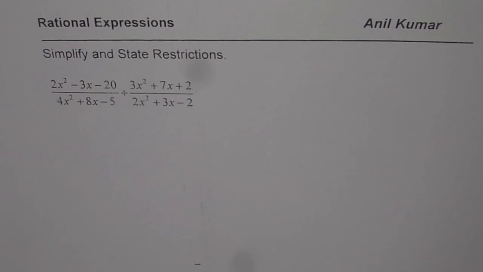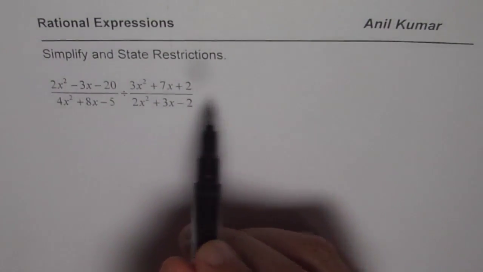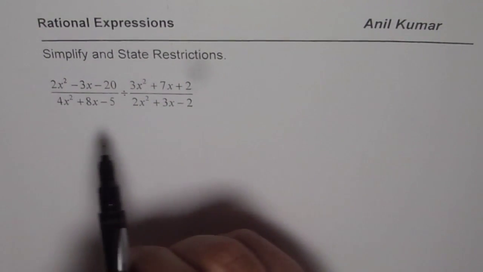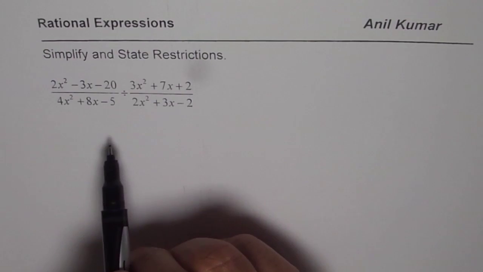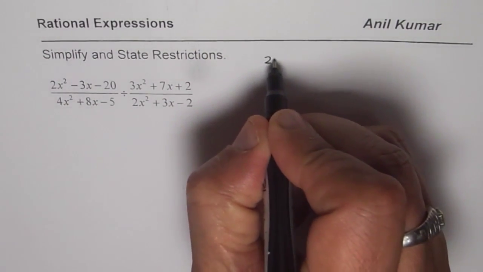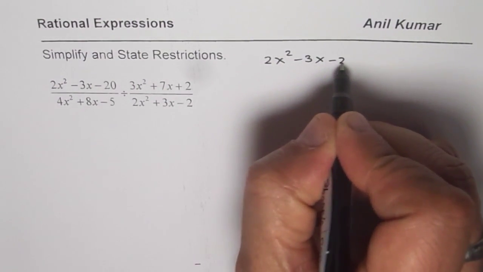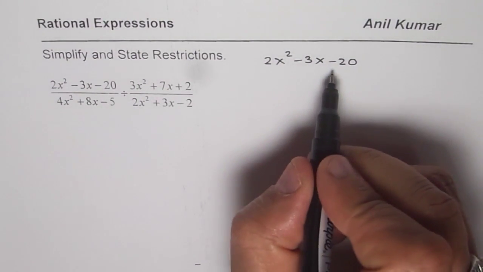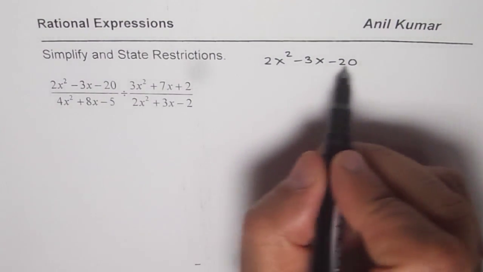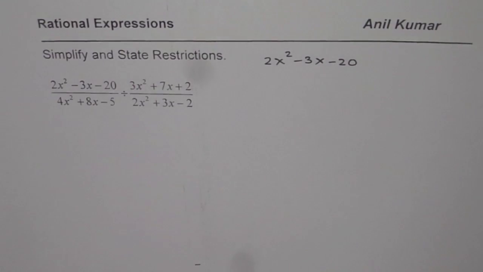Now you have to be really patient in doing such questions. Each and every trinomial should be factored separately, and then you should place the values and simplify. Let's begin with the first factoring, which is 2x squared minus 3x minus 20. So we are looking for a product of minus 40 and a sum of minus 3.